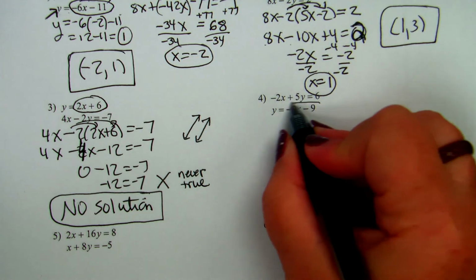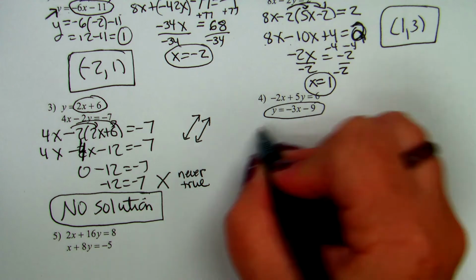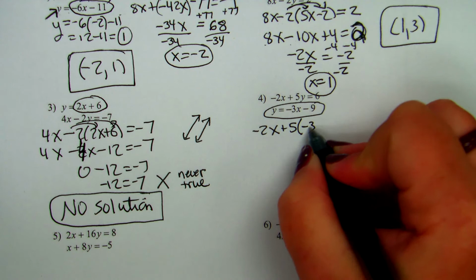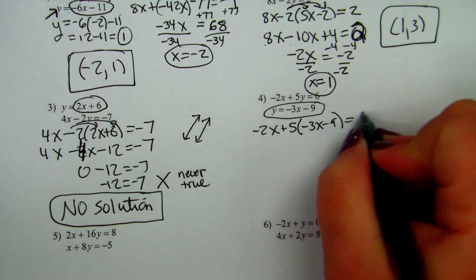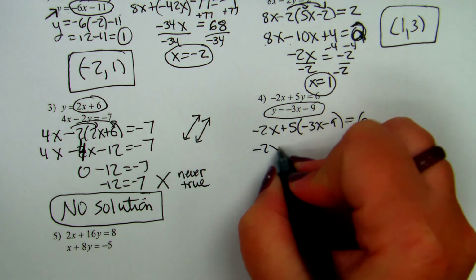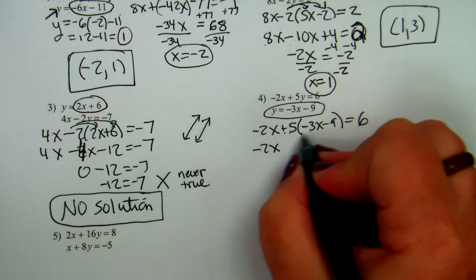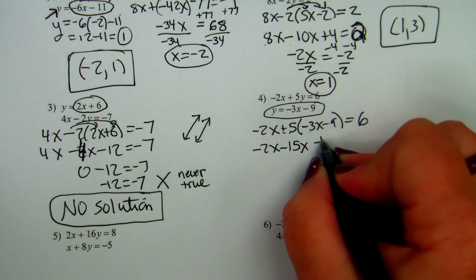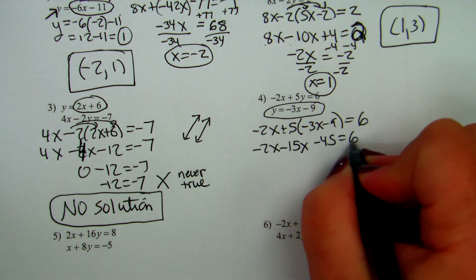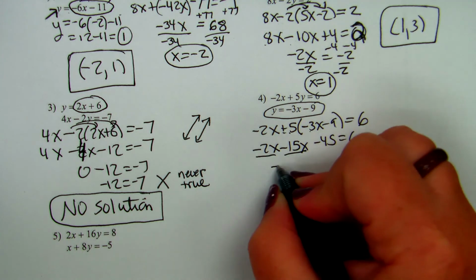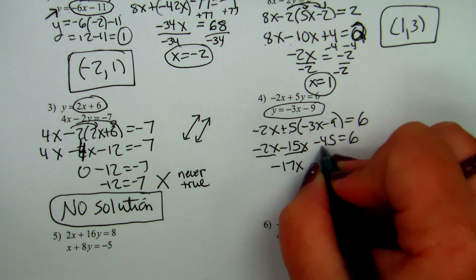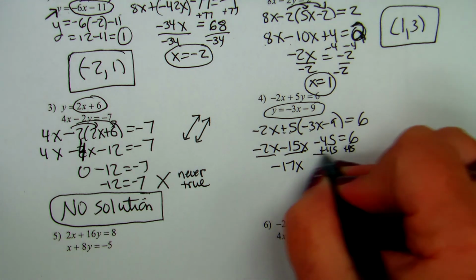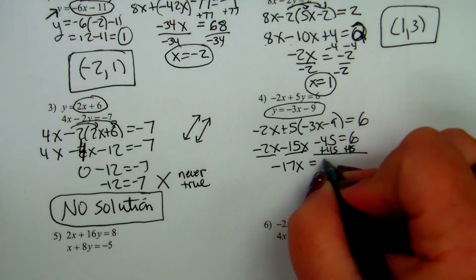This one we have y equals negative 3x minus 9. So wherever there's a y, in parentheses we'll put negative 3x minus 9 equals 6. Distributive property: 5 times negative 3 is negative 15x. 5 times negative 9 is negative 45 equals 6. Like terms, negative 17x, add 45 to both sides. 45 plus 6 is 51.